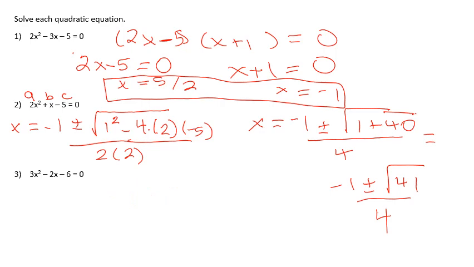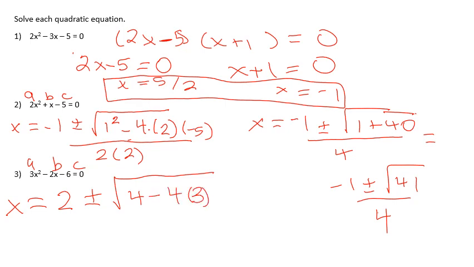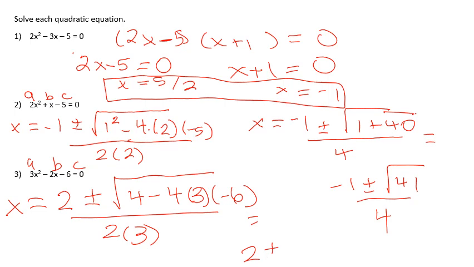This one is also in a nice order, a, b, c. So here we go. x equals the opposite of b, 2, plus or minus the square root of b squared. Negative 2 squared is 4, minus 4 times a times c, all over 2 times a. And that gives me, I'm running out of space, so I'm going to come down here at the bottom, 2 plus or minus the square root of 4.